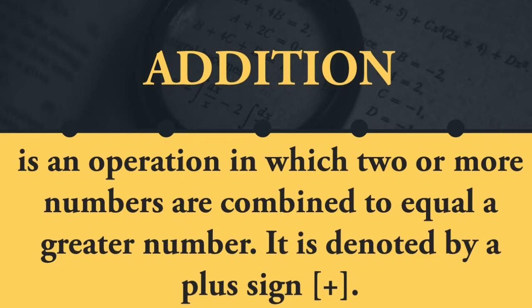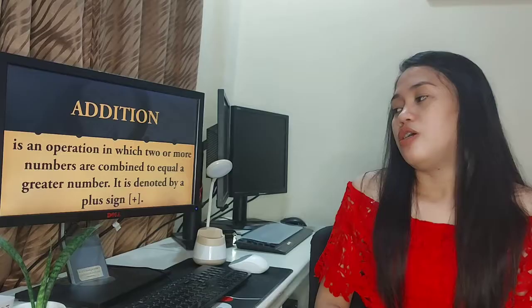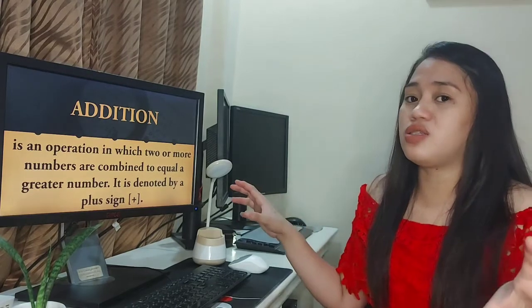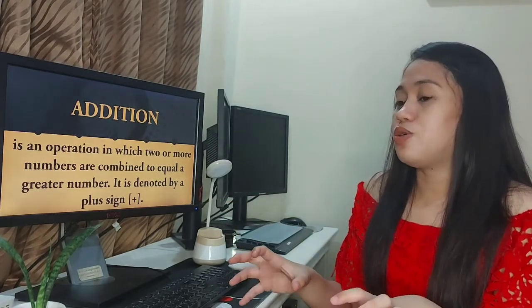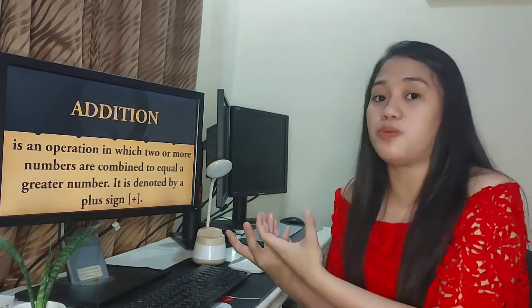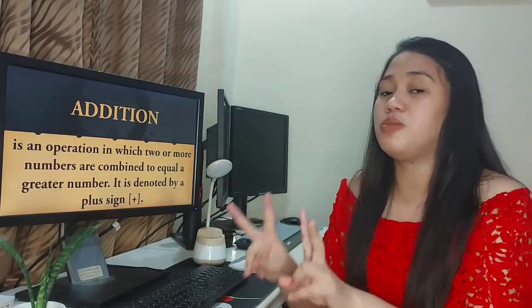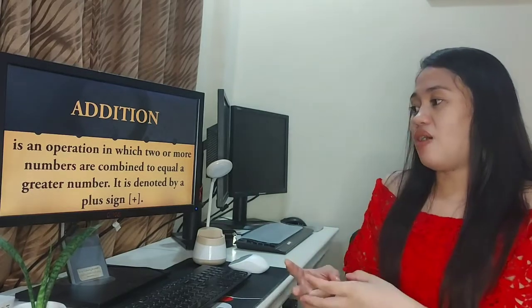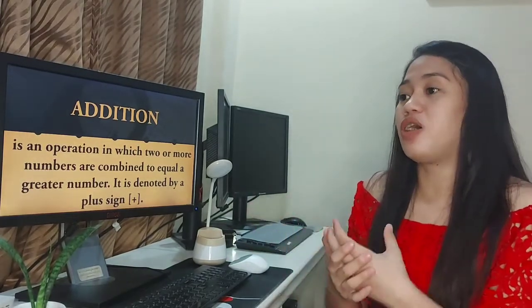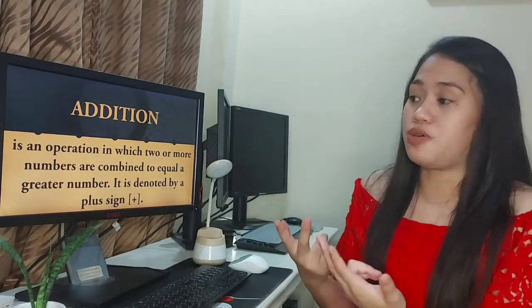It is denoted by a plus sign. So, in addition, there are 2 sets. You combine them so that you can come up with a greater value. If you have 2 and 2, when you combine them, it becomes 4. You've come up with a greater number.